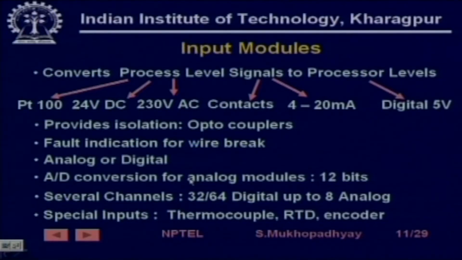These are just some typical values. Similarly, sometimes it takes special inputs, like you can directly connect thermocouples, you can directly connect RTDs. So, inputs can be in the form of voltage, current, resistance, etc. Sometimes it can be in the form of pulses, for example, a shaft angle encoder can be connected. So, this is the nature of input modules.